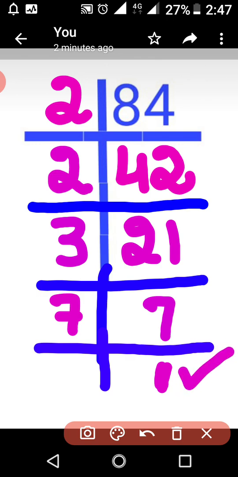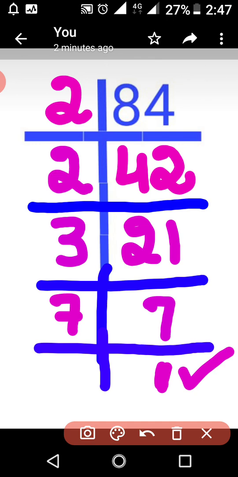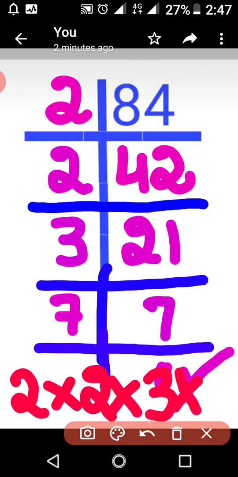Now what is the prime factorization of 84? Now the prime factorization of 84 is 2 into 2 into 3 into 7. This is the way to do prime factorization method by using division.